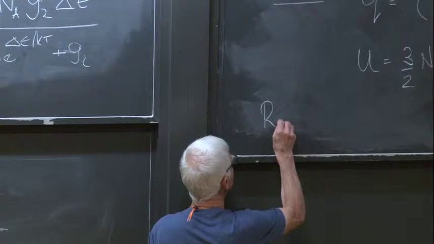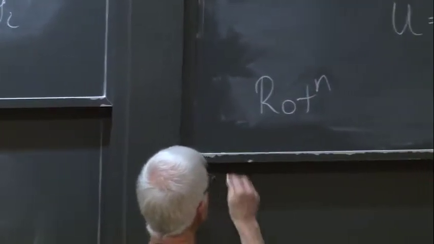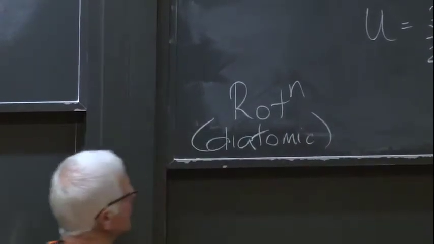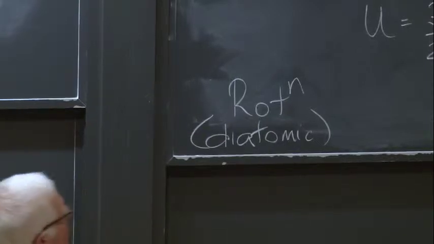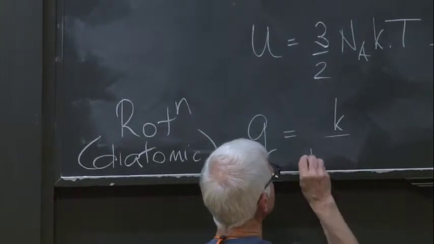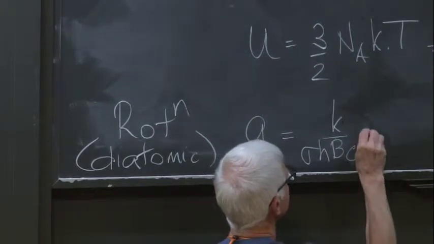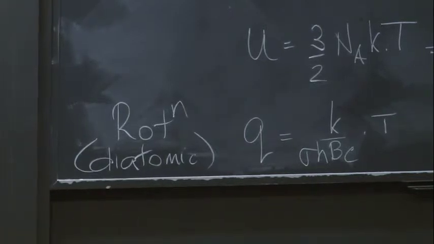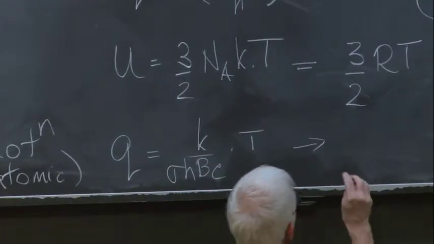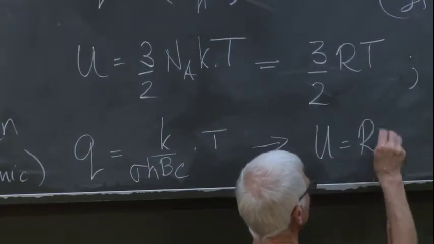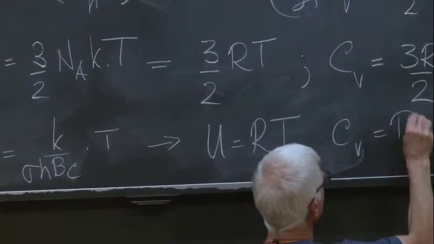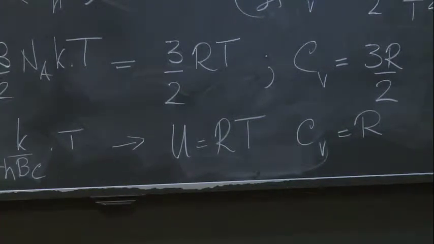If we look at rotation, and just let's do this for a diatomic molecule to make life easy for ourselves, then q is equal to kT over sigma hcB. And so we differentiate that, divide it by itself, and we get simply that U is equal to RT, and C_V is equal to R. Again, results that you know.